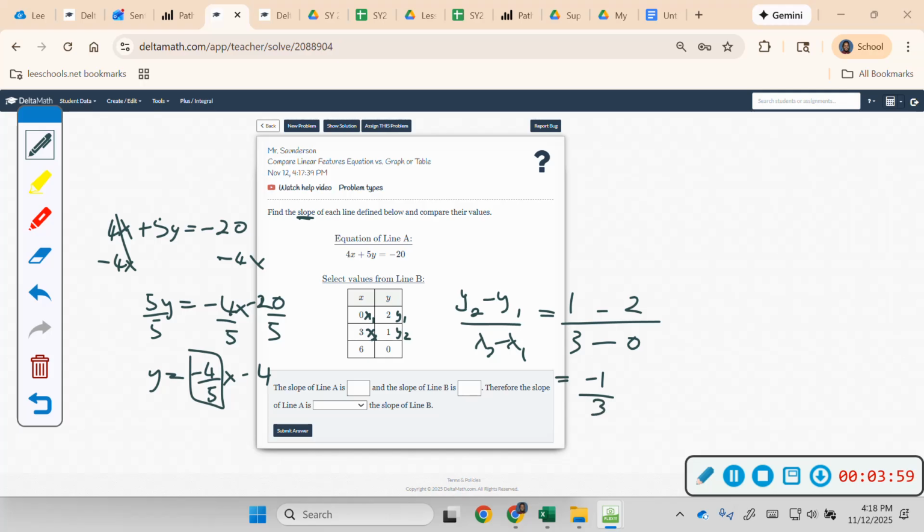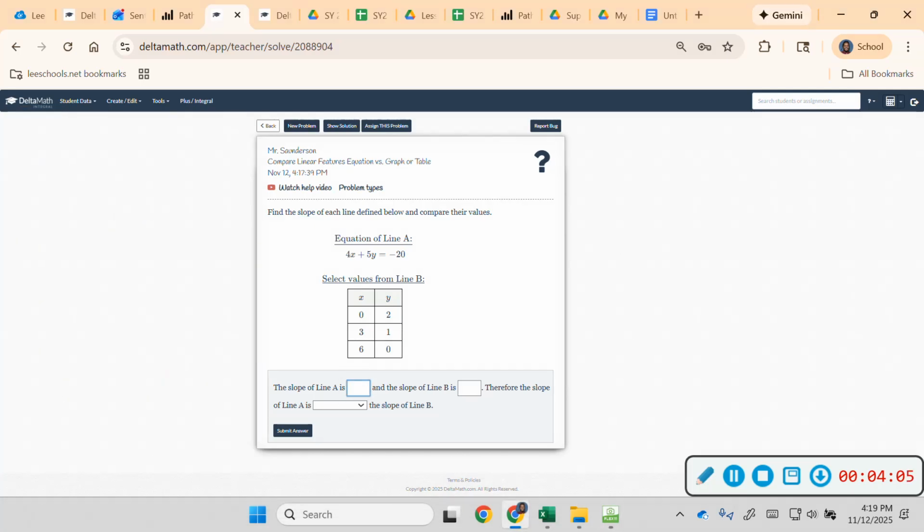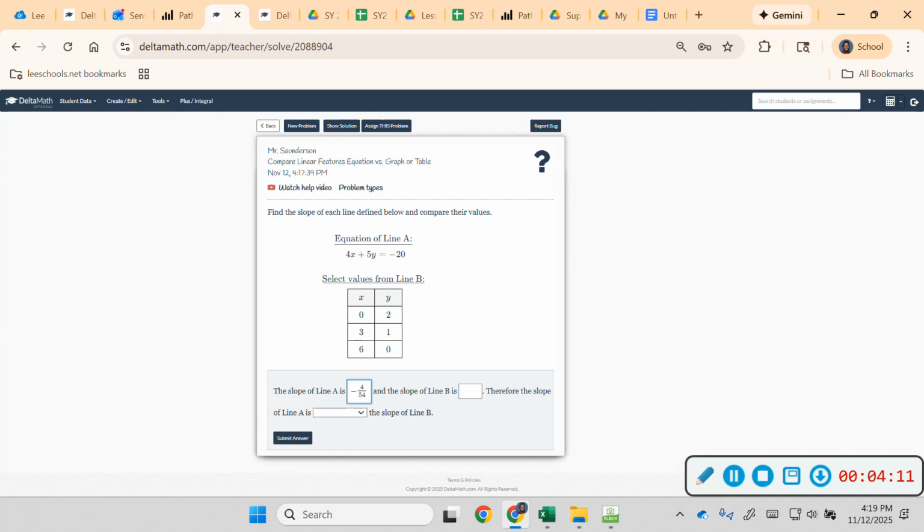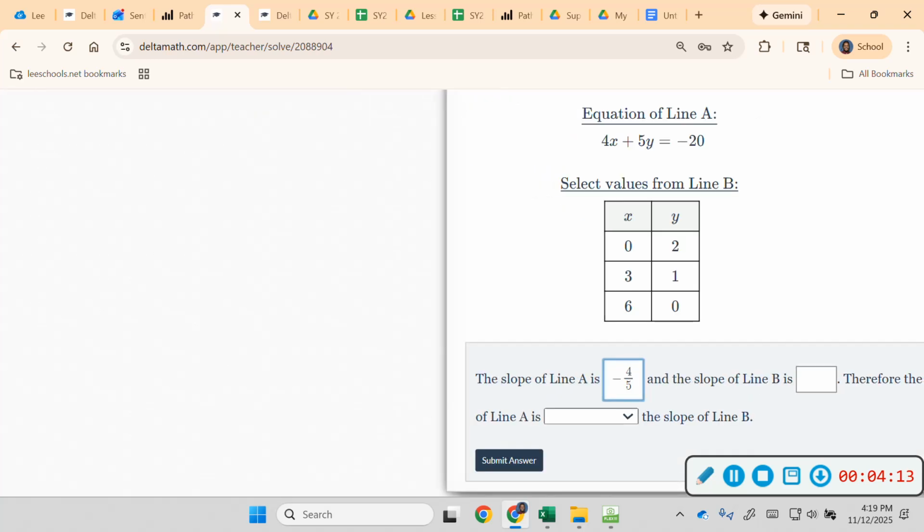My slope is negative 1 over 3 and the first slope was negative 4 over 5. Which one's bigger? Well, negative 1 over 3 is a bigger number technically, so this is actually bigger.